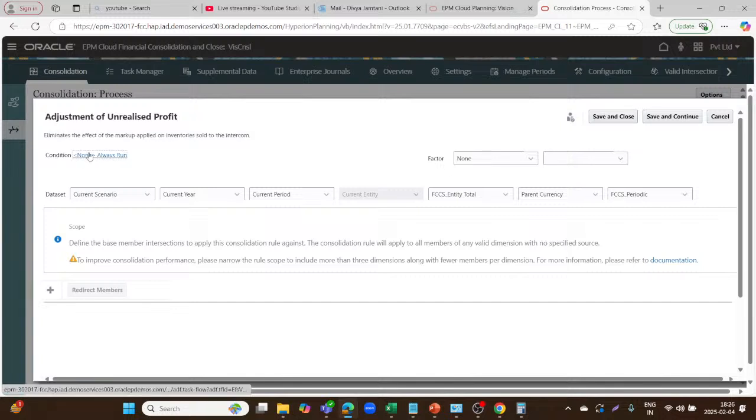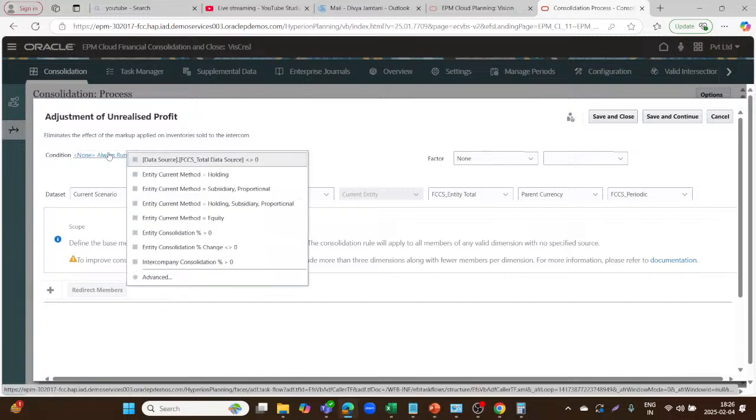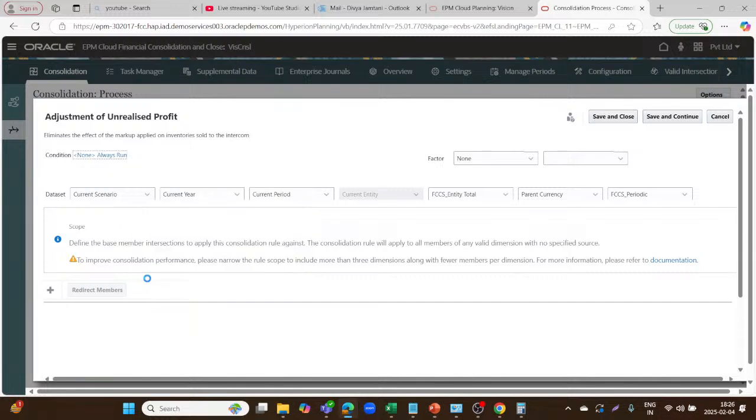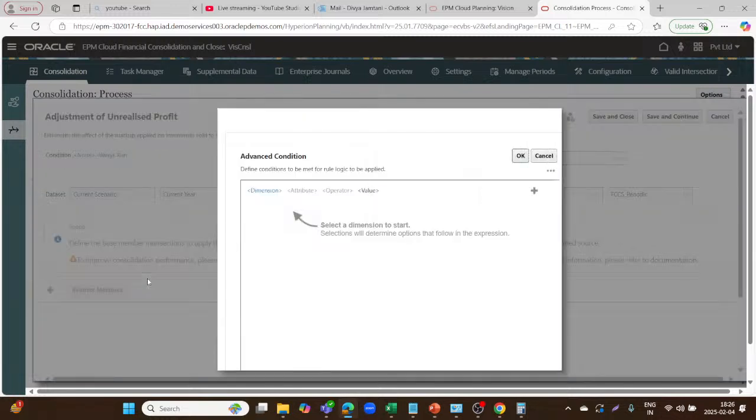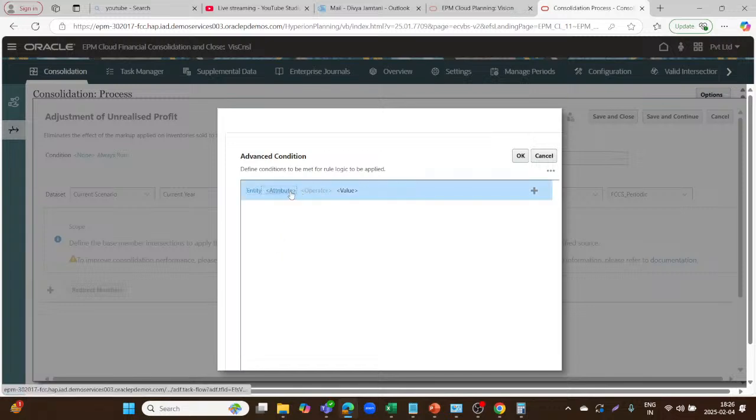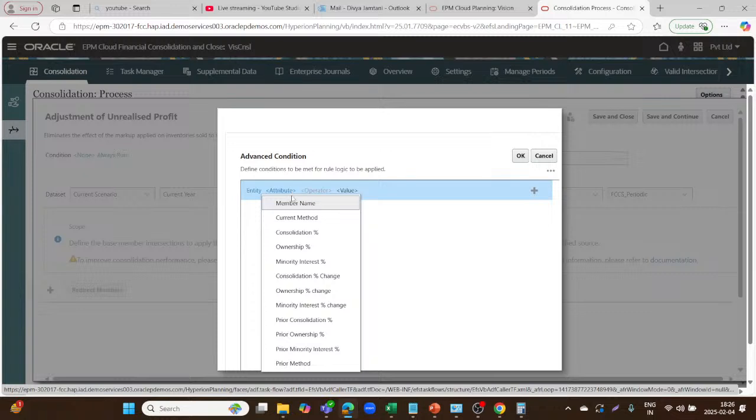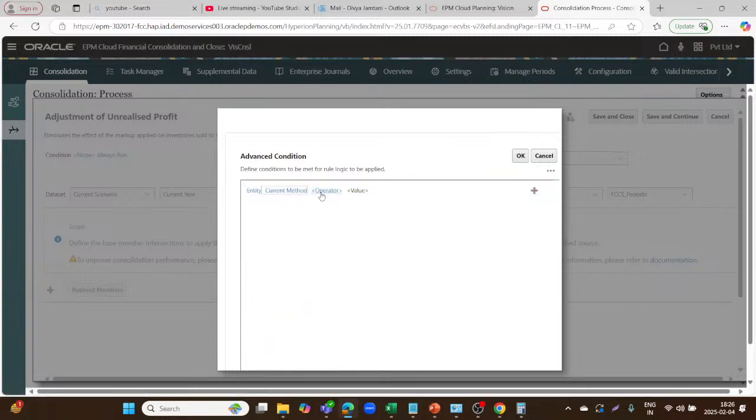Now here under condition you can select advanced, and you can select the dimension as entity, attribute as current method, operator will be equals, and method will be holding.